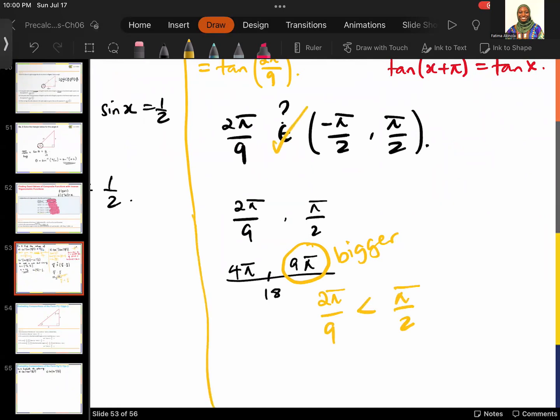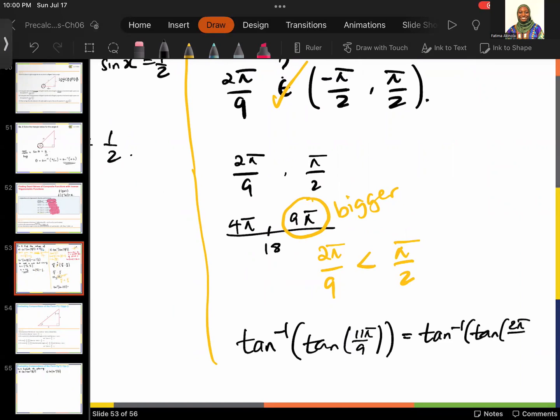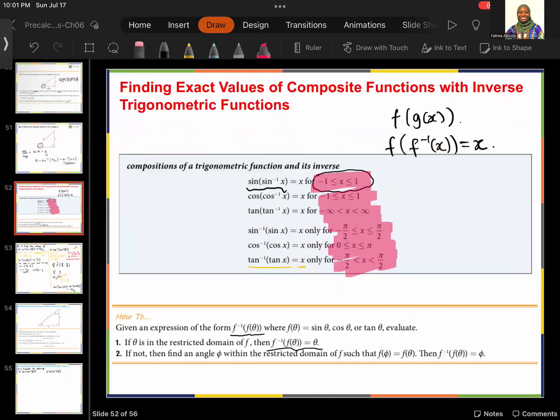So in this case, we have that tan inverse tan of 11π/9, which we found to be equal to tan inverse tan of 2π/9, is equal to 2π/9. That was because 2π/9 was in our restricted interval -π/2 to π/2.